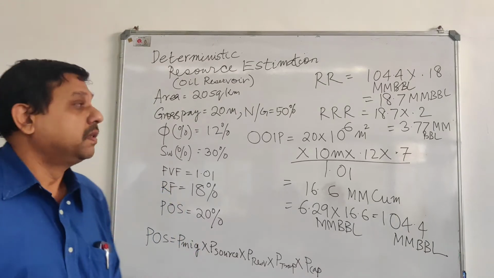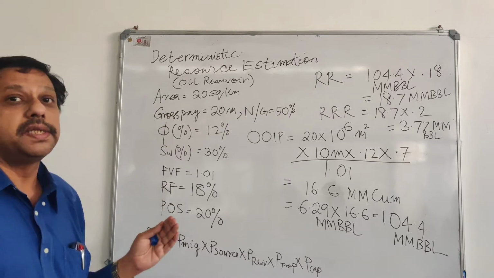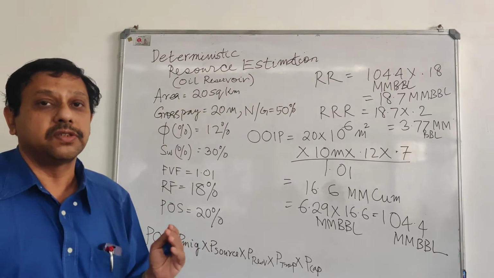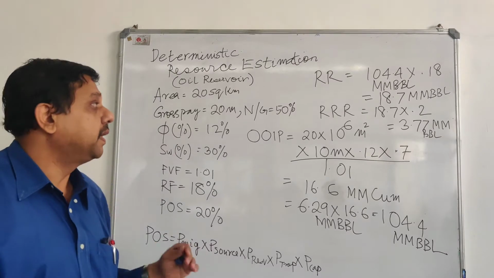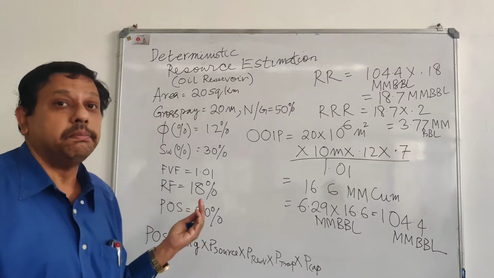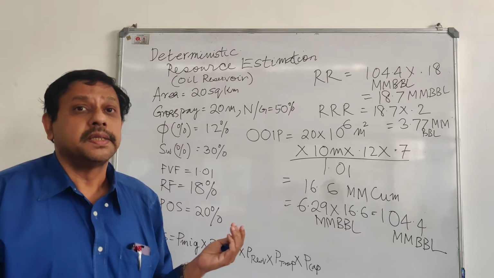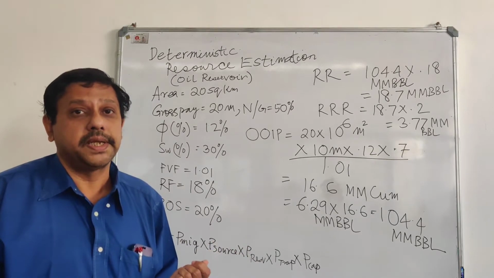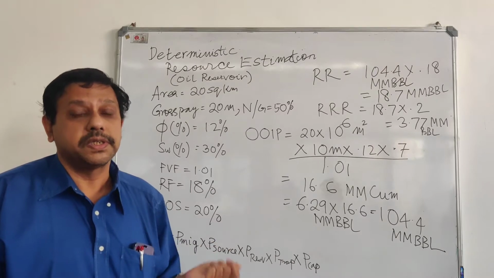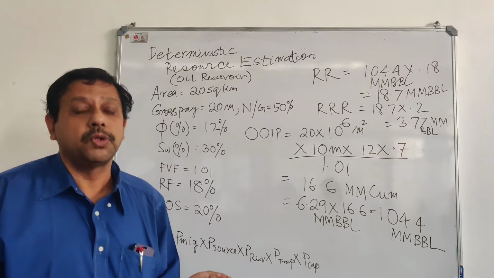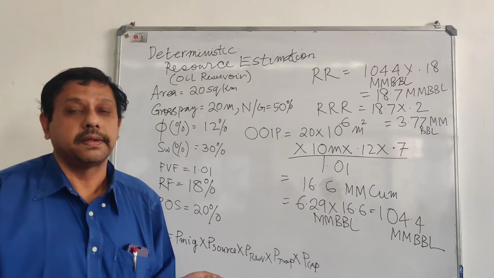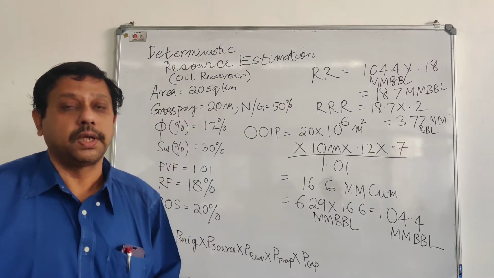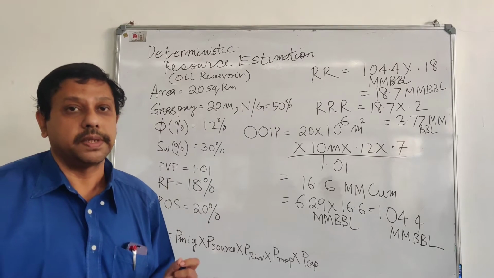So the formula for calculating original oil in place is that area, which is in square kilometer, the net pay, which is in meter, the oil saturation, which is in percentage, porosity, which is in percentage, and formation volume factor, which is a ratio, should be plugged into the formula to calculate the original oil in place.